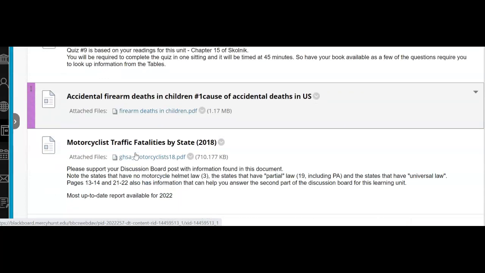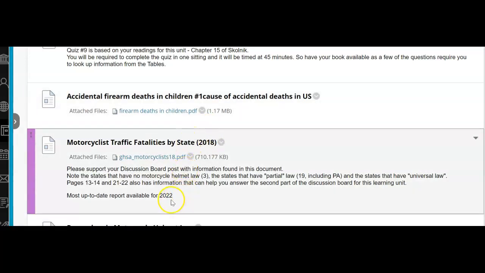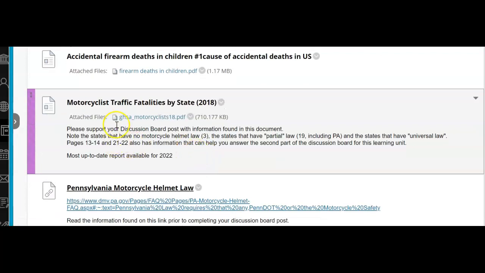Then we're going to focus more on motorcycle traffic fatalities. This is the most recent data that we have, and it is 2018 data, but that's the most recent that was published by the GHSA.